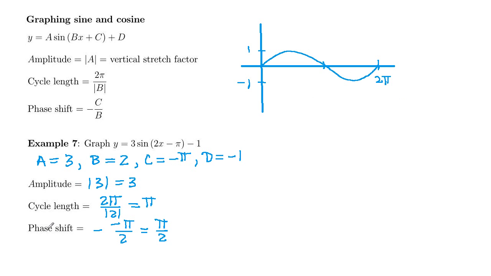We'll actually do these in order: amplitude, cycle length, and phase shift. So the amplitude adjusted to 3, so it's going to go up to 3 and down to negative 3. But everything else stays the same. So that is the graph of 3 sine x. And the blue we started with, that's sine x.